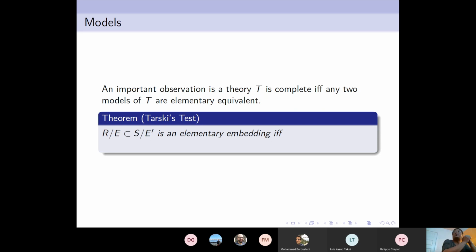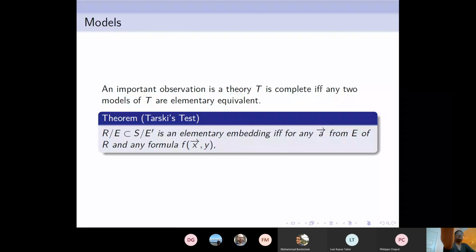So this is R prime, E prime, not S. It's an elementary embedding if and only if, for any vector A from R and any formula f(x, y), if this sentence is satisfied in S, then it is satisfied in R, if the vector A comes from R, the smaller relation.